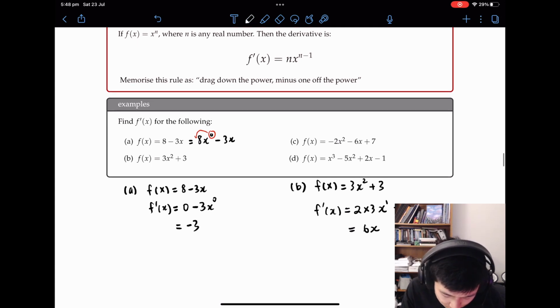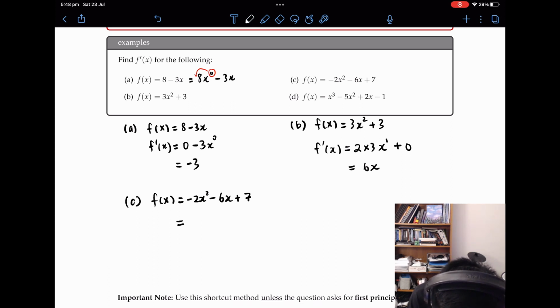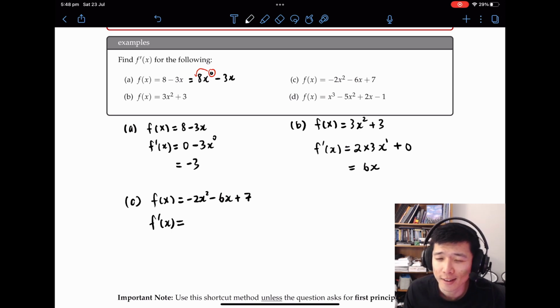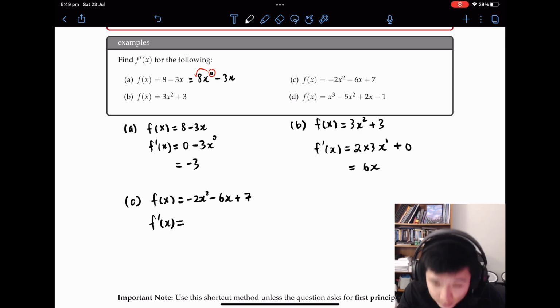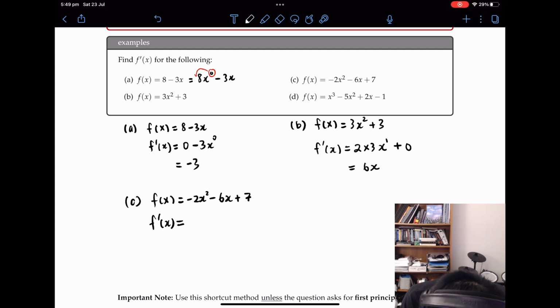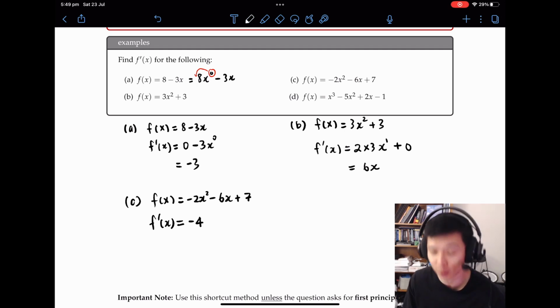Okay. Let's keep going. So we've got f of x is equal to negative 2x squared minus 6x plus 7. Let's do it term by term. So f dash of x, let's start with the first term there. Negative 2x squared. We're going to drag down the power. So we get minus 4, because 2 times minus 2 is minus 4.